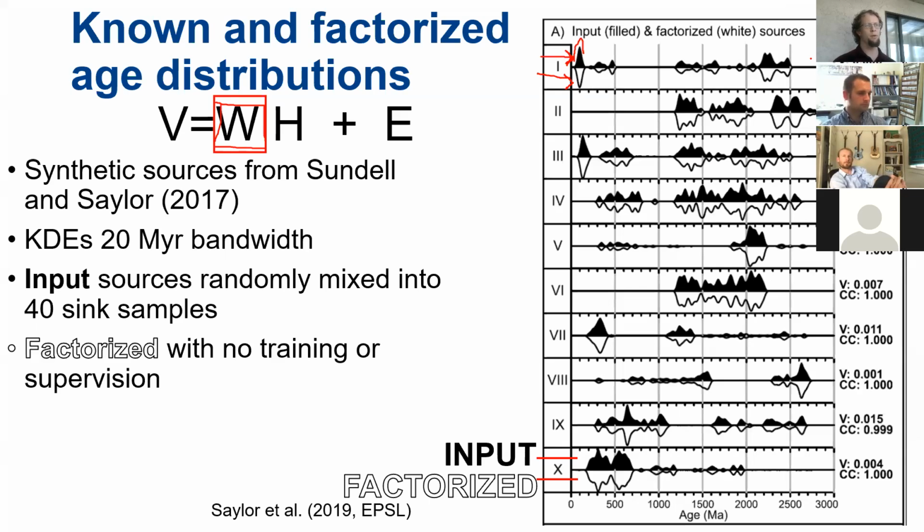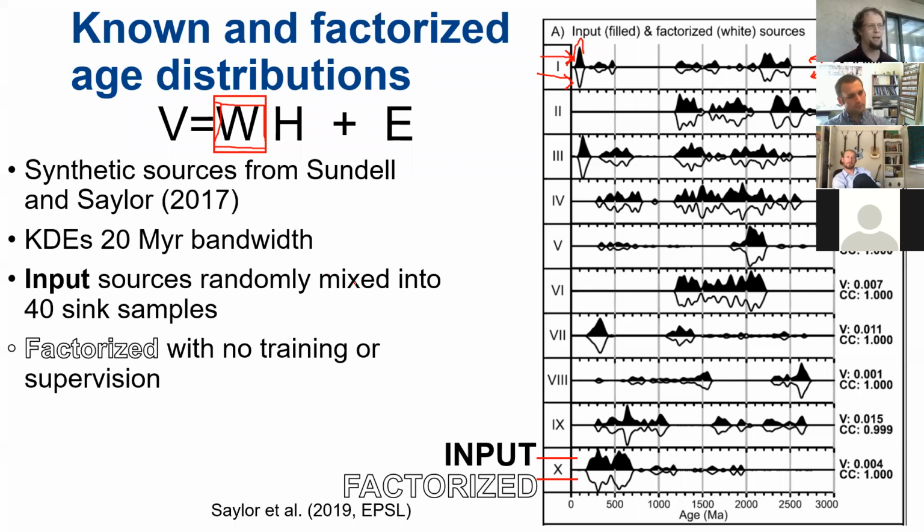If you want to quantitatively compare each of these sources to their factorized equivalents, we're getting V-values basically of 0, so 0.006. We're getting cross-correlation coefficients of 1, or rounding to 1, so 0.996. Essentially, for all intents and purposes, these are identical.